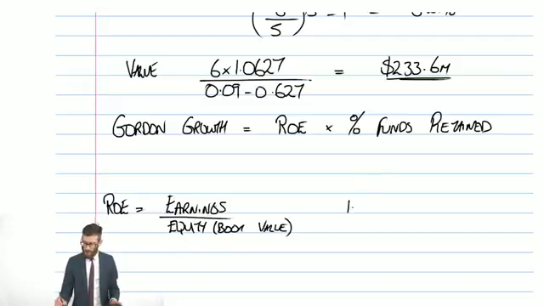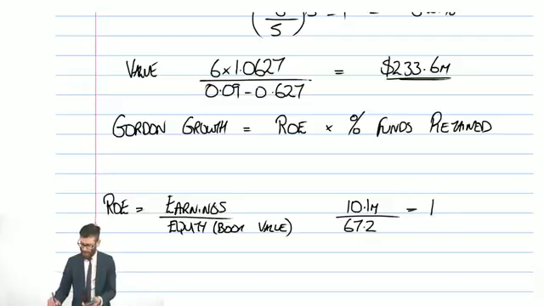So the earnings were 10.1 million, the equity book value was 67.2. That gives us 15%.